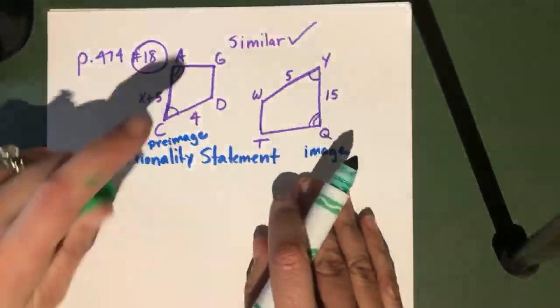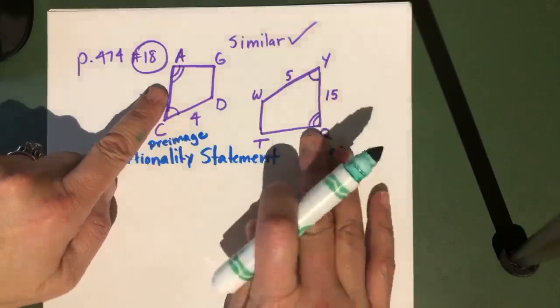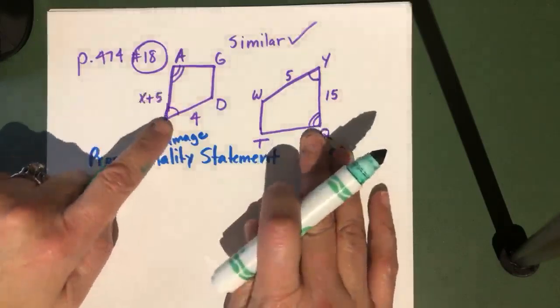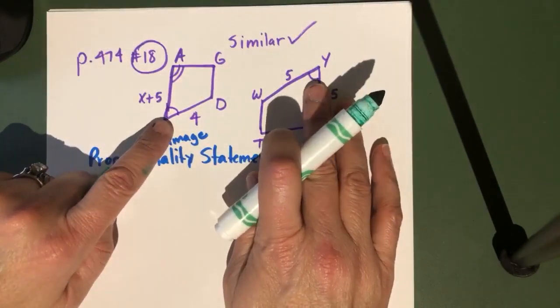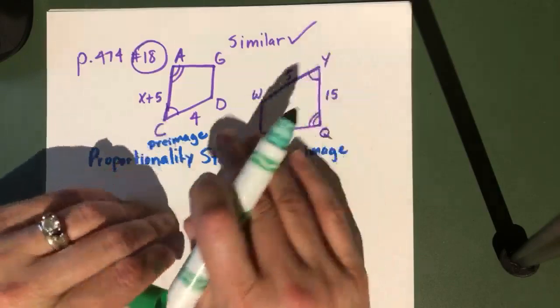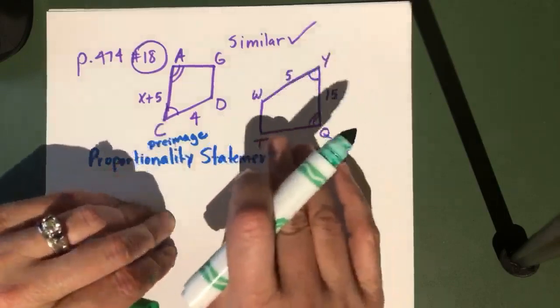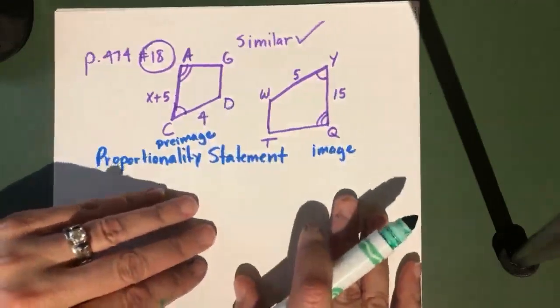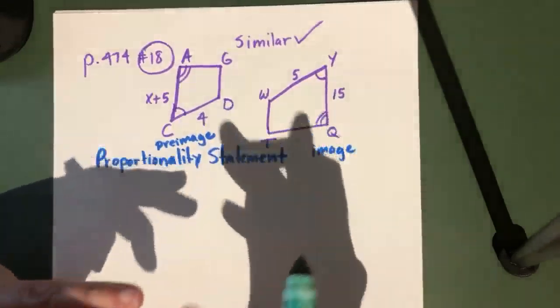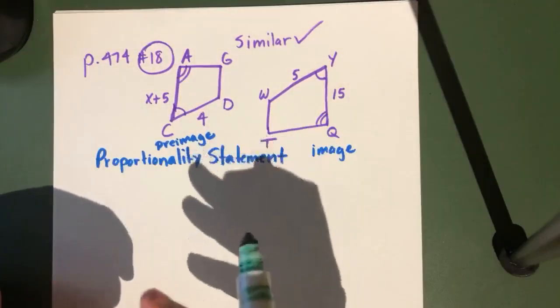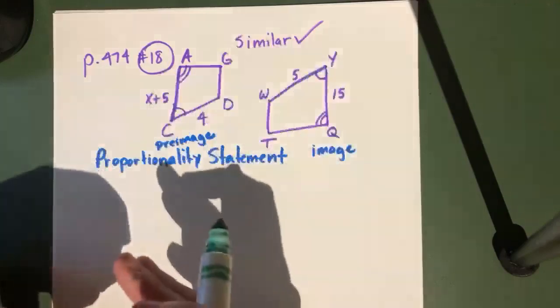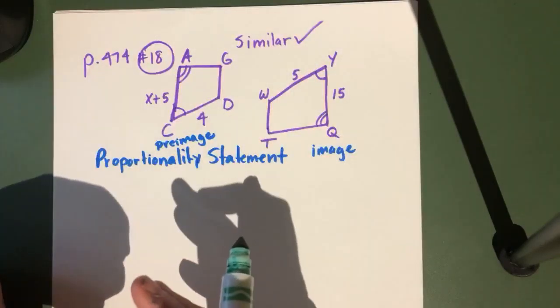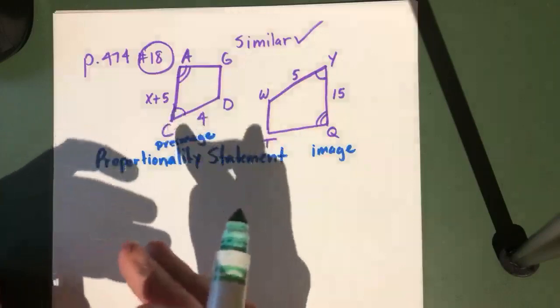The angle A is congruent to angle Q. You do know that. And C is congruent to Y. Based on what you see here and the information you're given, we can only set up one proportionality statement. We don't have all the sides. We don't have all the angles. So all I can do is set up one proportionality statement.